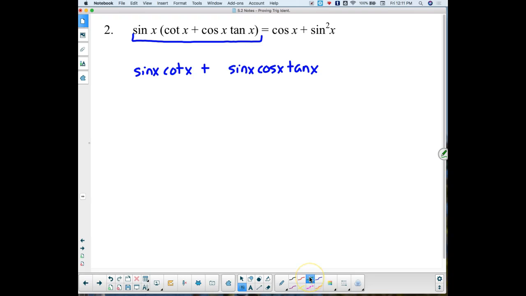Cotangent is cosine over sine. Tangent of x is sine over cosine.